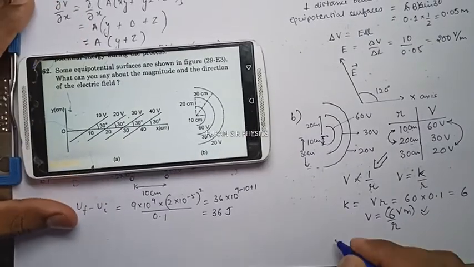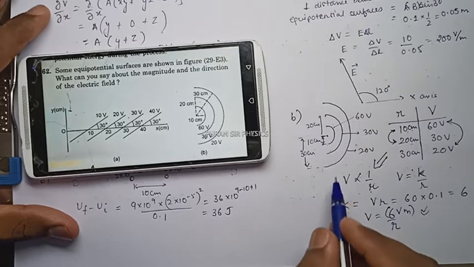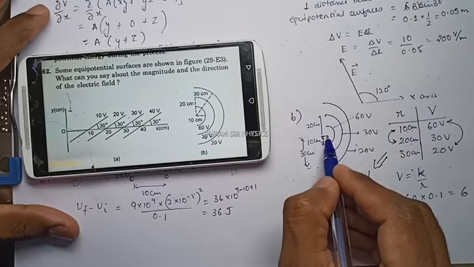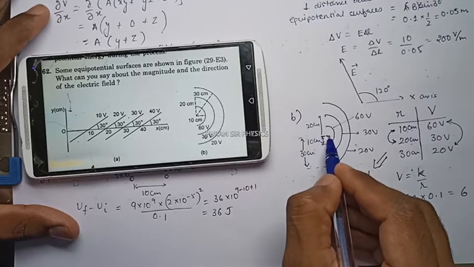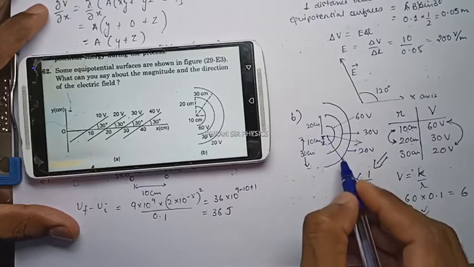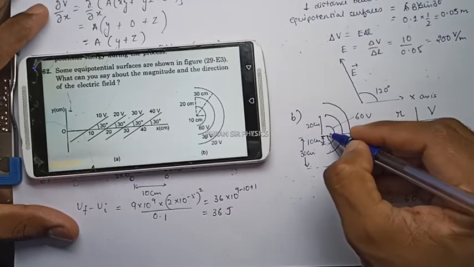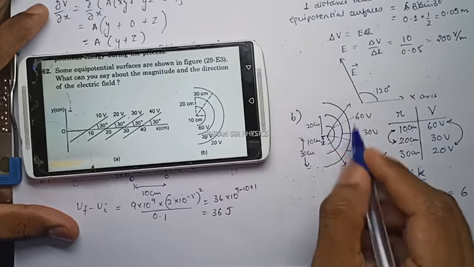electric field. So the electric field will be radially outward, because the electric field is always in the direction of decreasing potential, and the electric field is always perpendicular to the equipotential surfaces.